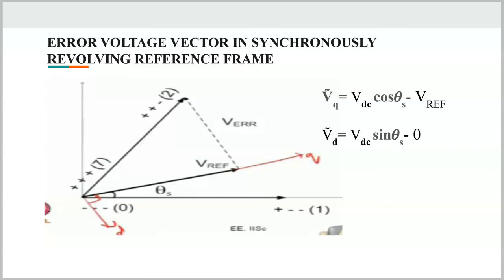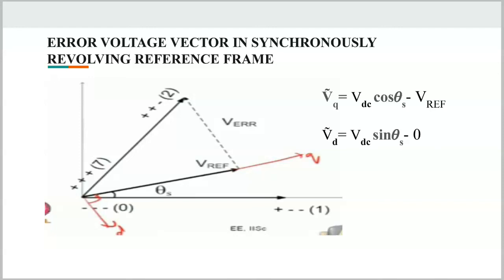This is the voltage applied along the Q axis, then the flux is along D axis. VQ is equal to VDC cos theta s minus V reference. This is the error voltage along the Q axis. Q axis is in the vertical axis and VD is in the horizontal axis. VD is equal to VDC sin theta s minus 0. This is the error voltage when we consider active vector 1, that is plus minus minus.